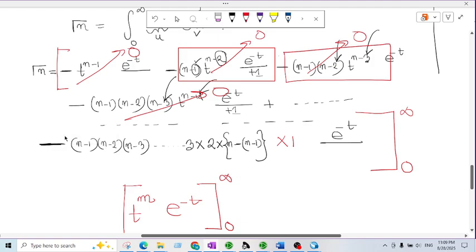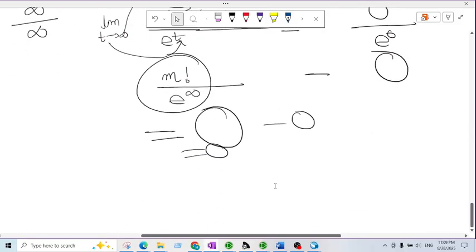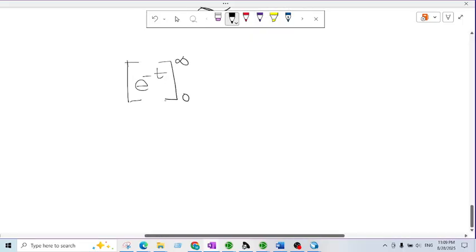But now let's examine this term. Okay, you see we have a constant here, and then we have only e to the power minus t. So let's now apply this range over e to the power minus t. So let's see. So e to the power minus t, let's apply this range over e to the power minus t.